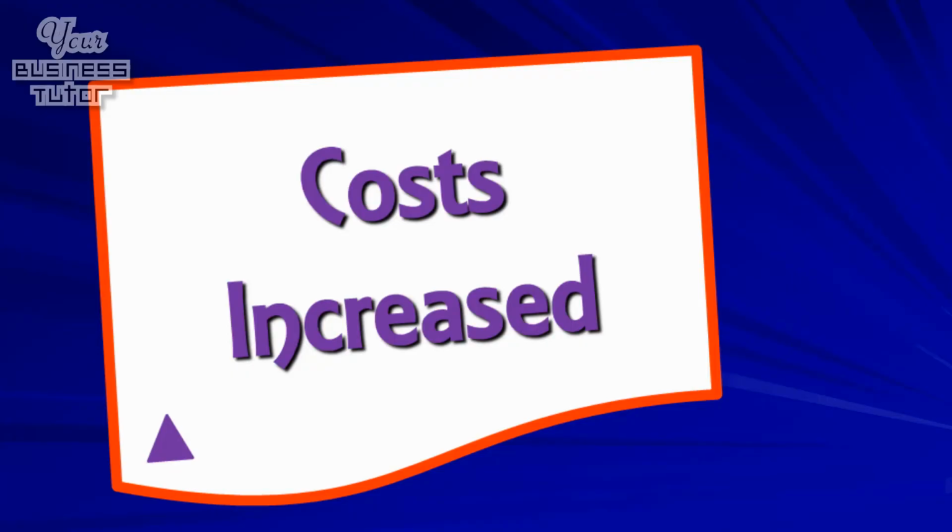Nevertheless, even though gross profit has not changed, it is still important for management to investigate why profit for the year has fallen. In fact, from the investigation, it may be discovered that one or a combination of the following costs have increased: staff wages, rent, insurance, electricity or heating.